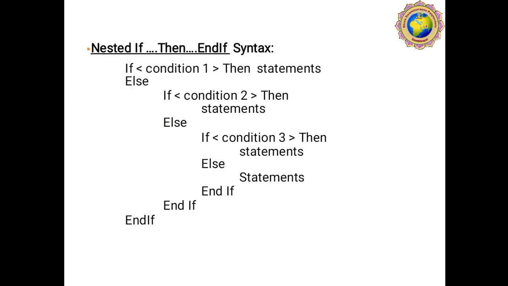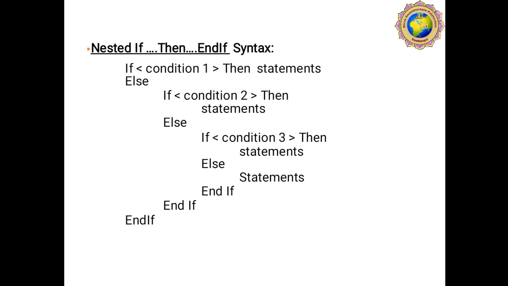Next, nested if then end if. Here is the syntax of nested if. First, if condition 1, then statements, else, once again we use an if condition inside the if. Here is condition 2, then else, again if condition 3, then else statement, and here end if, end if, end if.